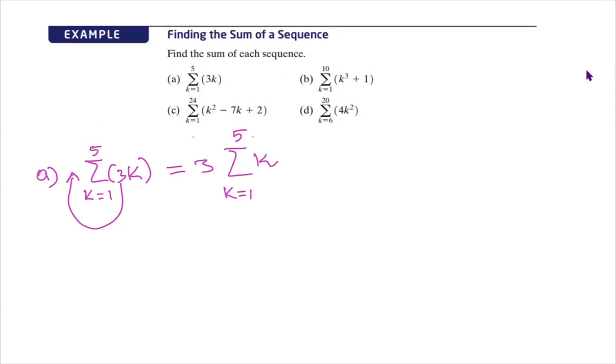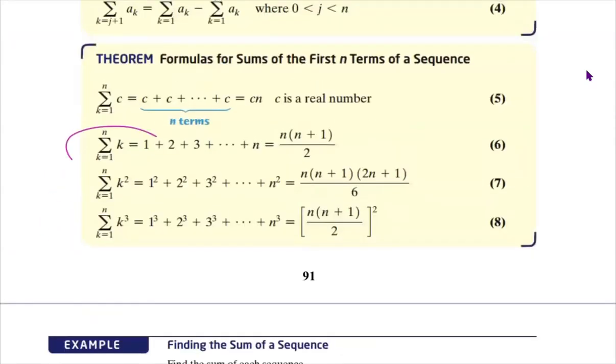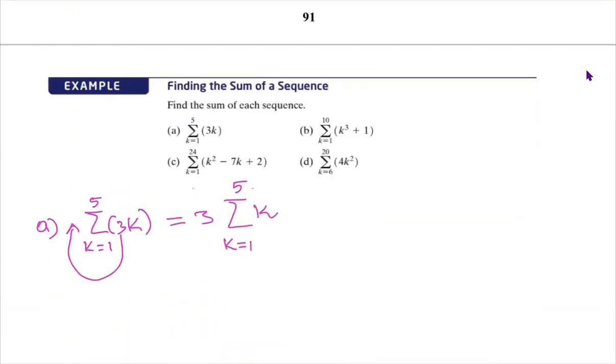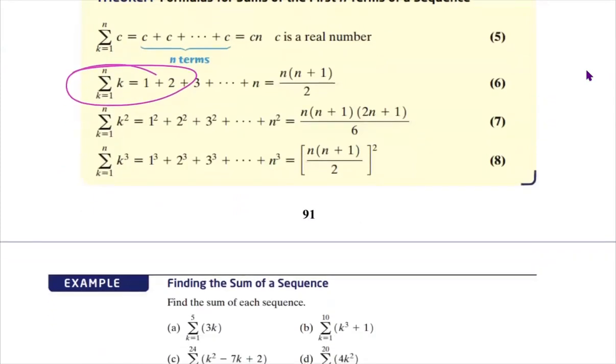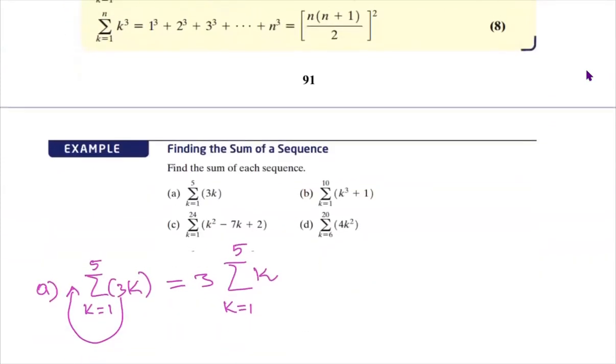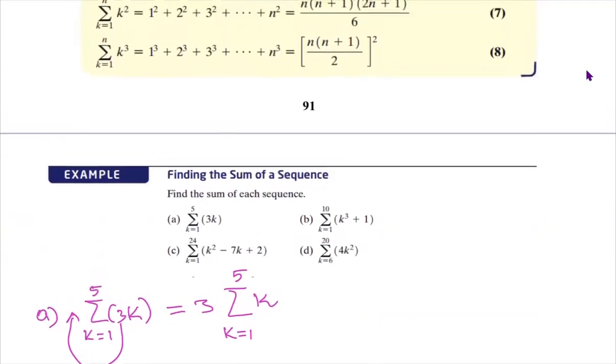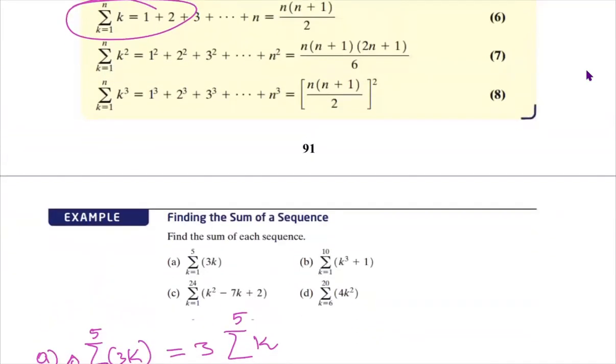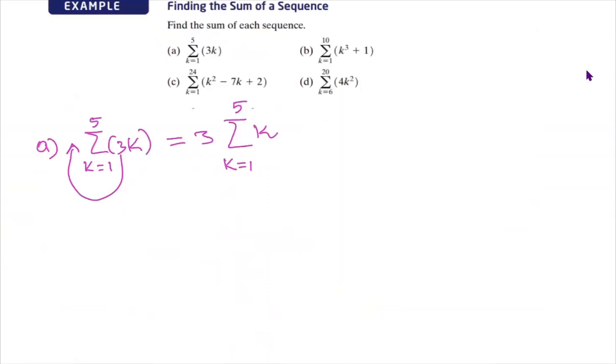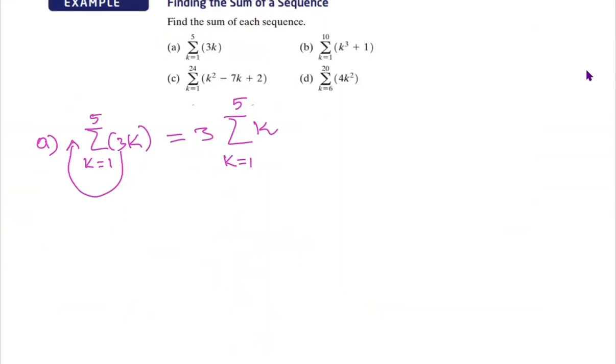If we use this property here, that's going to be the sum of the first 5 integers, 5 times 5 plus 1 divided by 2. But we keep the multiplication by 3, so that's 3 times 5 times 5 plus 1 over 2.